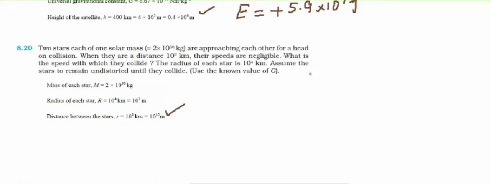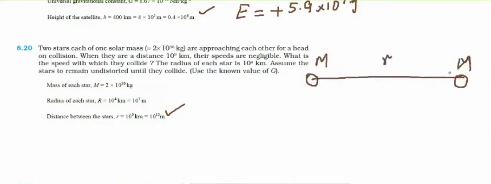Okay, so we can take the situation like this. We have two stars, both are having mass m, and they are at a distance r apart. That time their kinetic energy is 0, which means they have only potential energy.